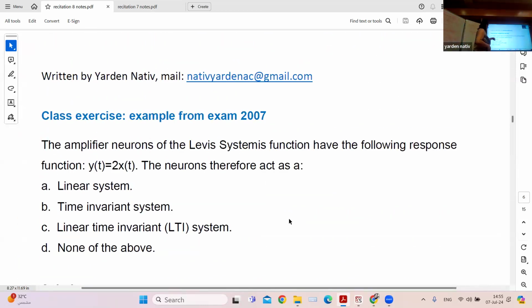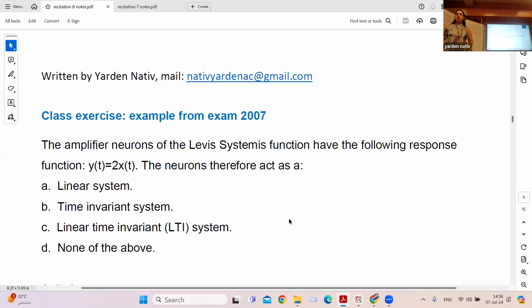This is our function y(t) equals 2 of x(t). So the neurons act as a linear system, a time invariant system, a linear time invariant system, or none of the above. So our system has an input and it just doubles it. Is this a time invariant system?